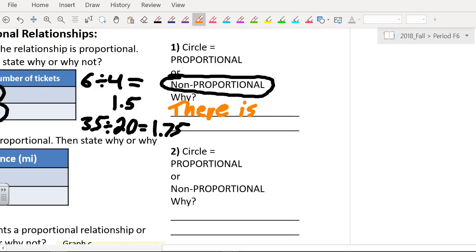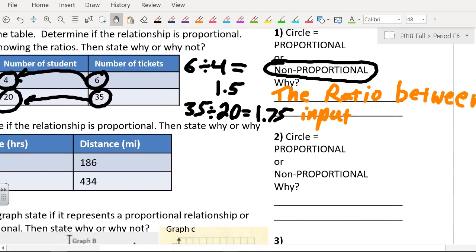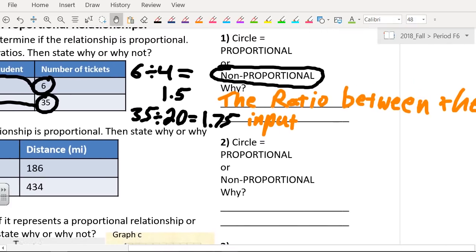Okay. So let's say the ratio between the input, please write this down. Which is our input? Our input is the number of students.